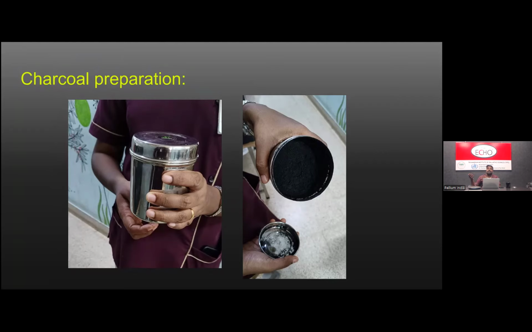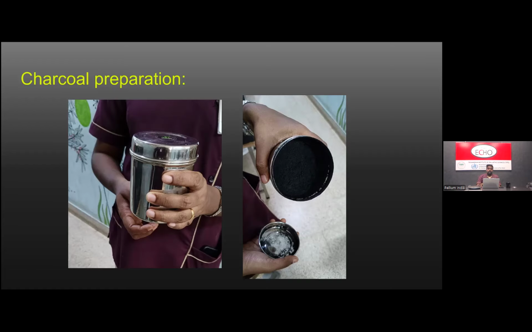We keep this separate dressing pad over the normal dressing pad on the wound, so it is an extra layer. Then we close it. The foul smell is generated from the wound itself, and this charcoal layer absorbs it, so the foul smell does not come outside. This is the way we do the charcoal preparation for the poor patient.